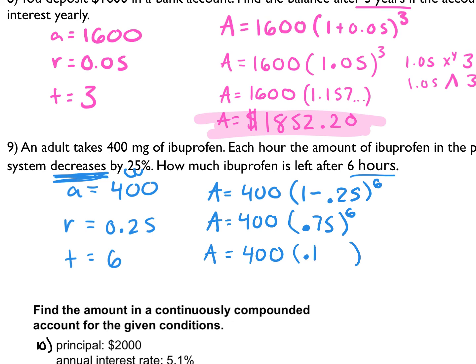We get 0.1779... We just want to keep it all in our calculator. And then lastly, we have multiplication. So we multiply that times 400. So we get 71.19. Just be careful when it says decreases: use the same formula, but you subtract instead of add. So it's 1 minus instead of 1 plus.